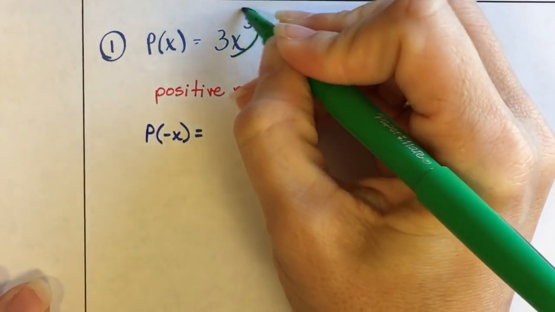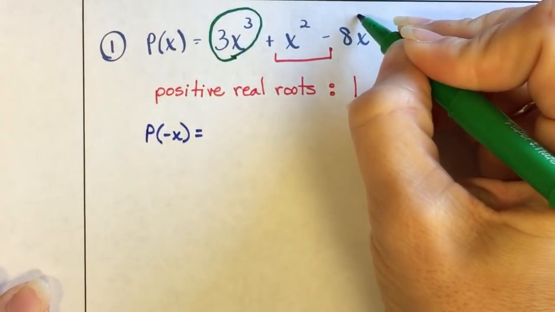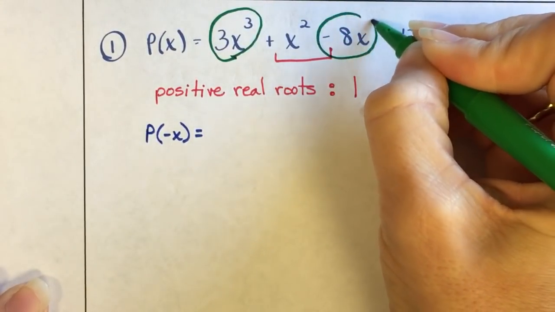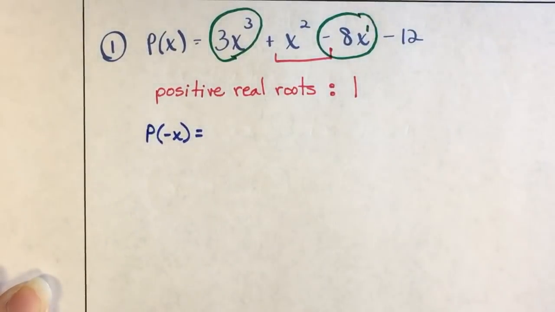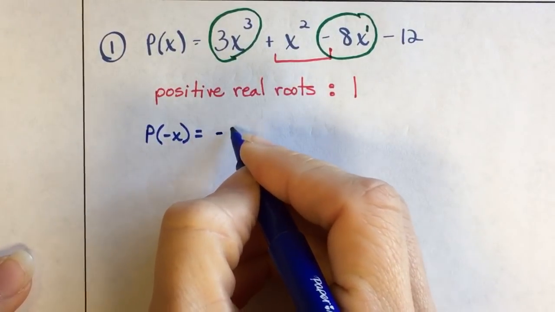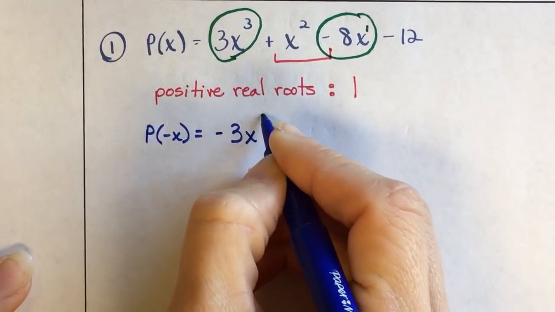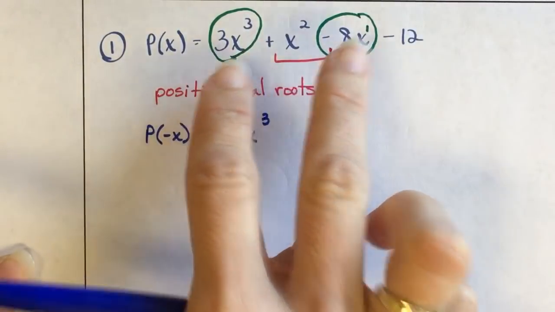So this has an odd exponent because the exponent's a 3. 3's odd. And this has an odd exponent because it's understood to be to the first power, and 1 is odd. So when I say change the sign, that means what's in front. So instead of this being a positive 3, I'm going to make it a negative 3. Now, this one stays. The only thing I change is what I've circled.